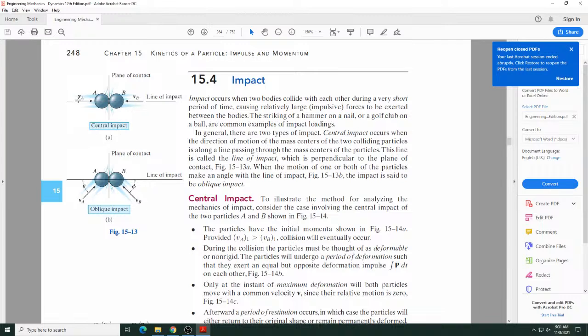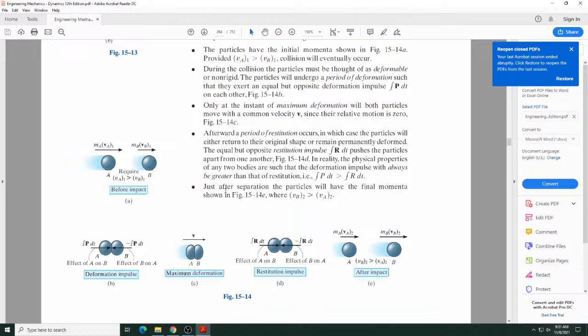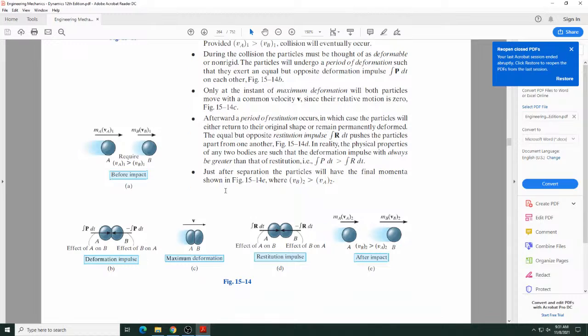You know, you can have a line of contact here. There's a plane of contact right here. You have a line of impact. You could have 2 pool balls moving in different directions and hitting each other somewhere on the table. It turns out, this is a good time to talk about this.